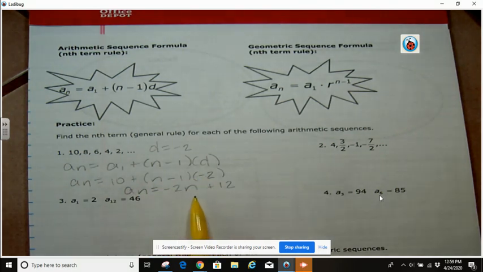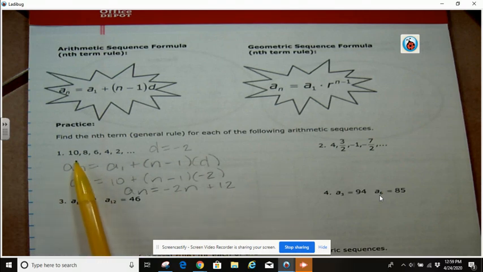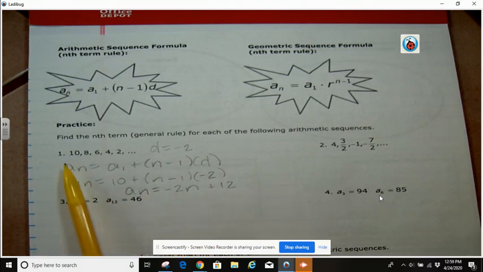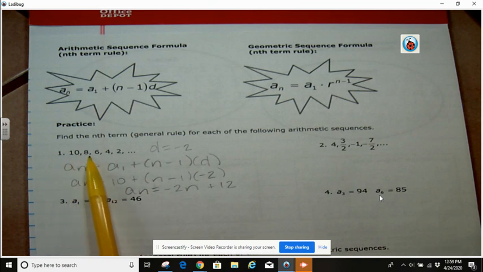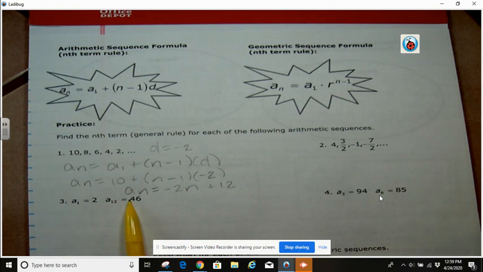So that means that now that I see this, if I plug 1 in, I should get 10 because the first term was 10. If I plug 2 in, I should get 8. If I plug 3 in, I should get 6. So you can test your general rule out. But then you could use this to say, find the 5 millionth term or the 222nd term or the 11th term, whichever term you want. You just replace that number with n, and that should tell you the value of that term.